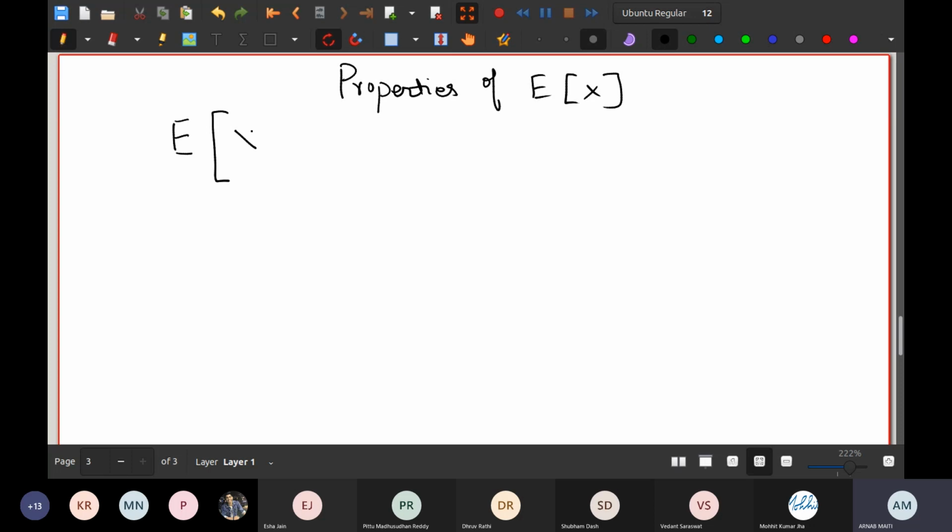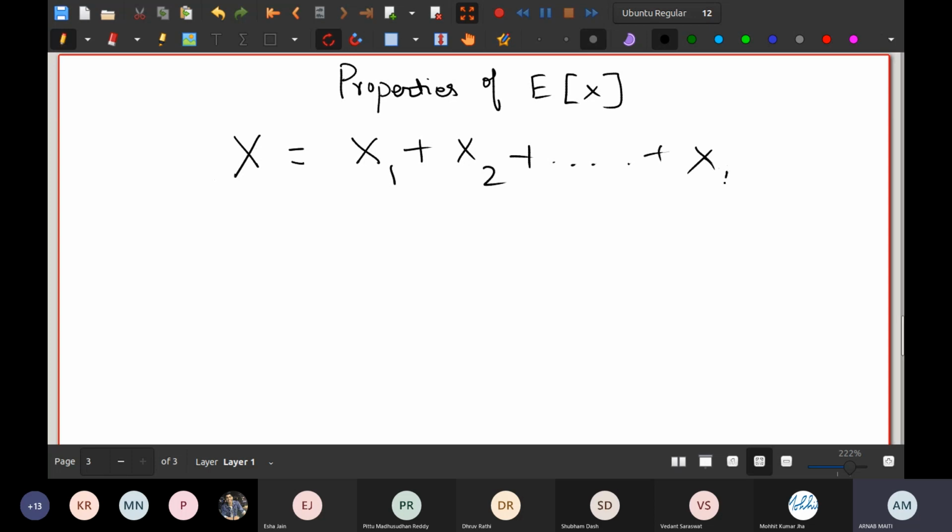I should tell you before that, so your x can be a sum of different functions, which is possible. So this can be a sum of some functions.